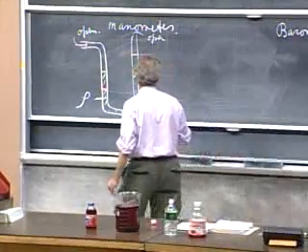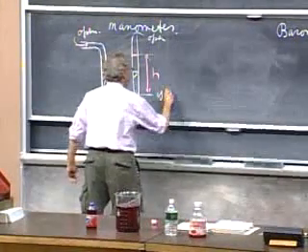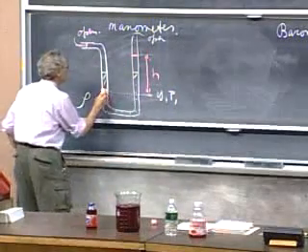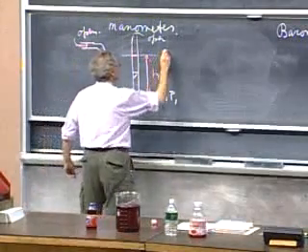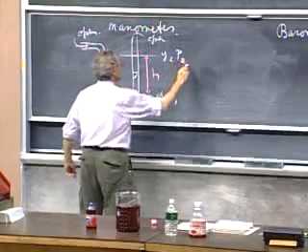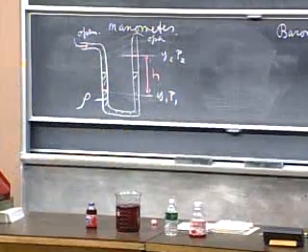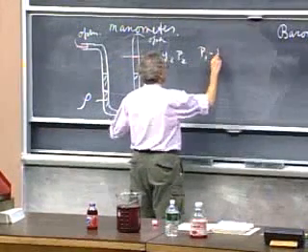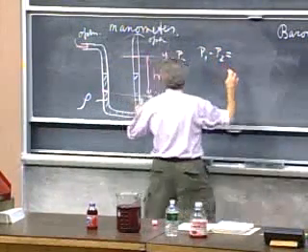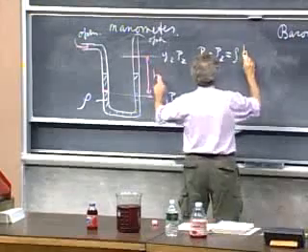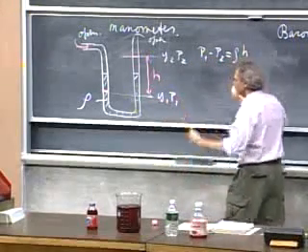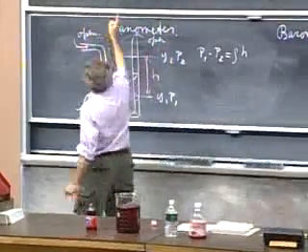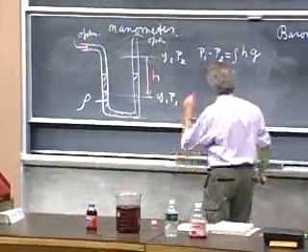So the pressure here at y1 equals p1, and the pressure here at y2 equals p2. And so p1 minus p2 equals rho times h times g. I apply the law that we still have here.